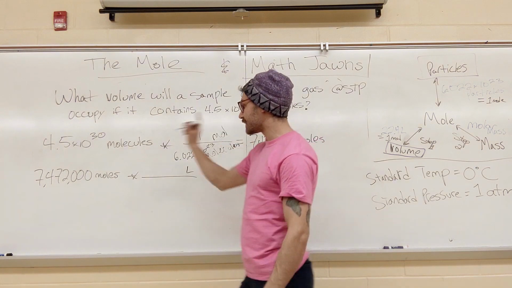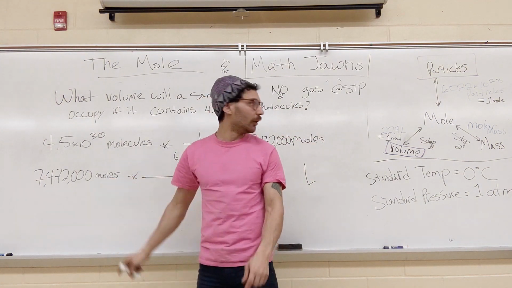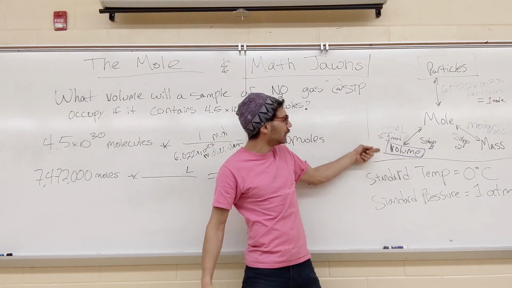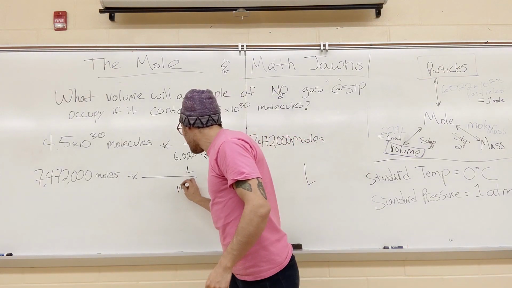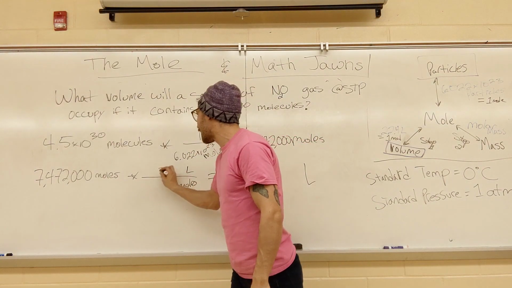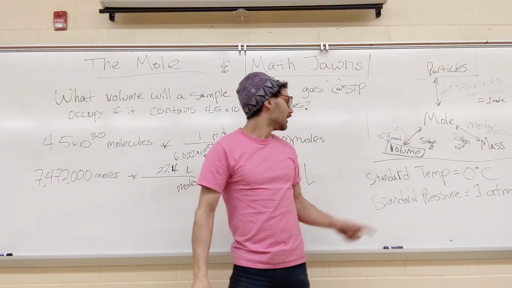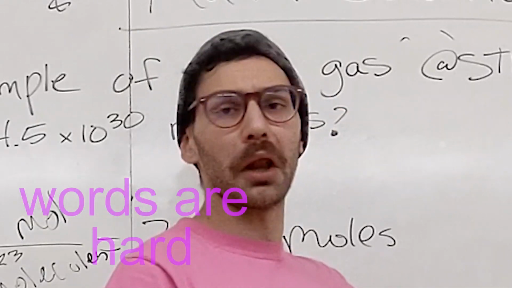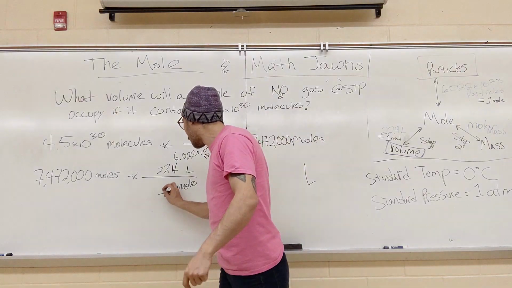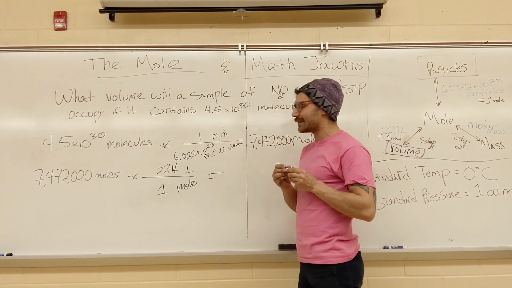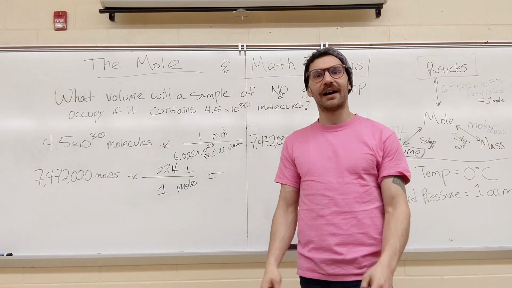And our old unit is moles. We're going to convert away from moles, so I'll put my moles down there, and I'll pop in my 22.4, because that's from the conversion factor. 22.4 liters equals 1 mole.